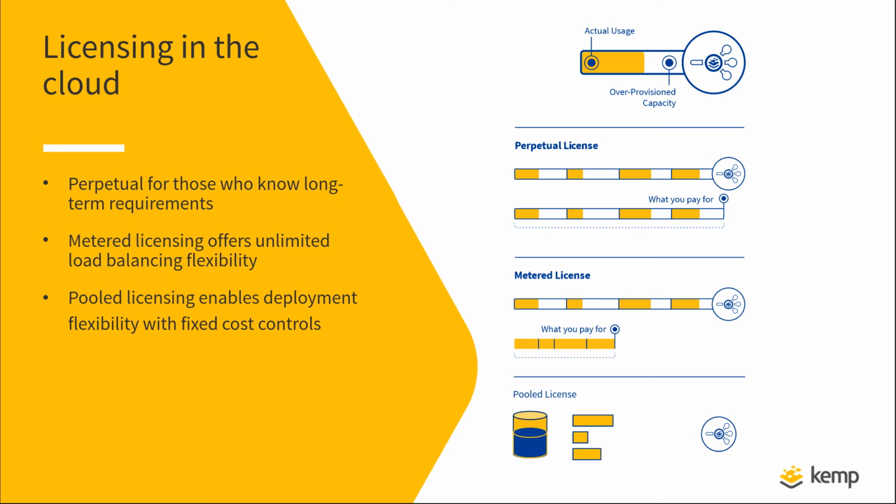In other words, when the utilization of their network hits 40%, they need to expand. So 60% of that network is unused for the most part, but it's there for bursts when there's big surges of traffic. It's also there in case of failure, disaster recovery. In case a data center fails, they need to have enough capacity so that they can still support the full load of traffic. That's often what we think of when we buy these perpetual licenses.